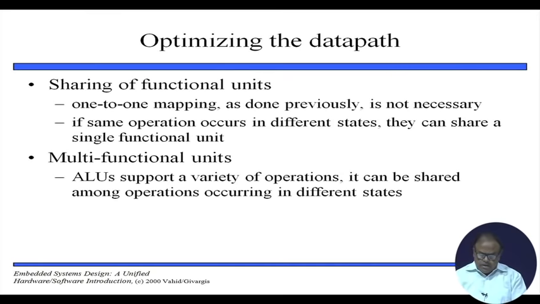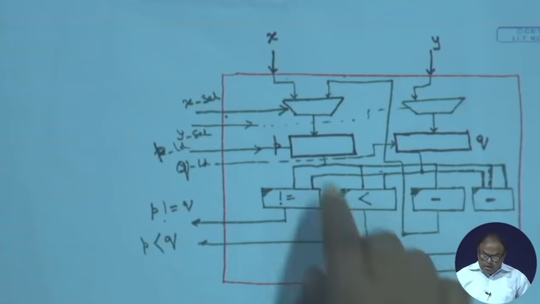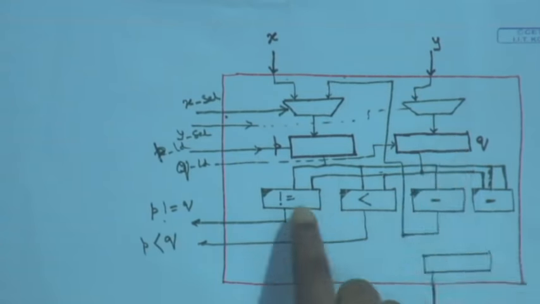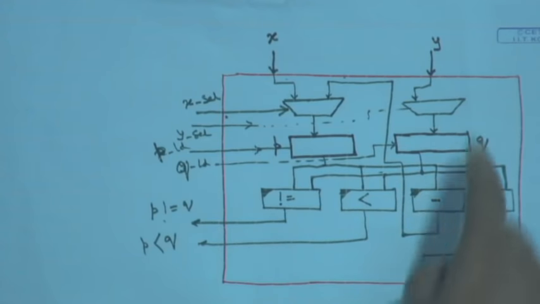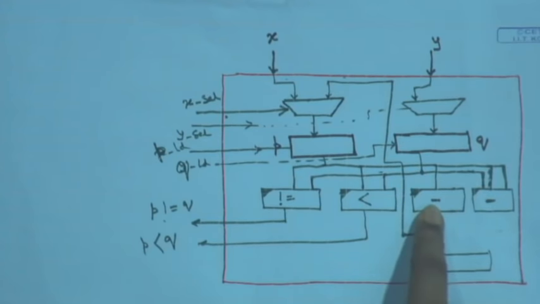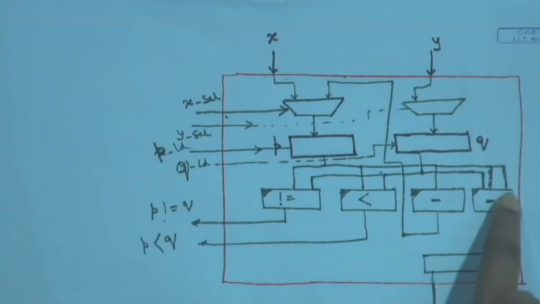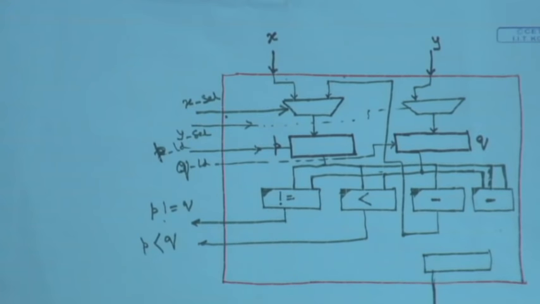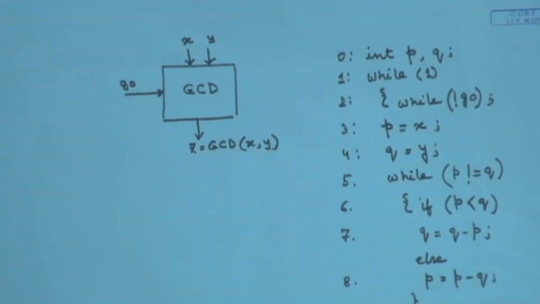Say, for example, this diagram where I needed P and Q. I had put in 2 subtractors and everything, and there was one-to-one mapping. One operation with this subtractor, one operation with this subtractor. But I can very well reuse the subtractor, because why? Why can I reuse the subtractor?